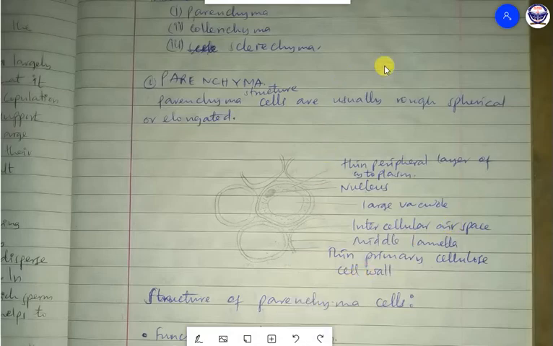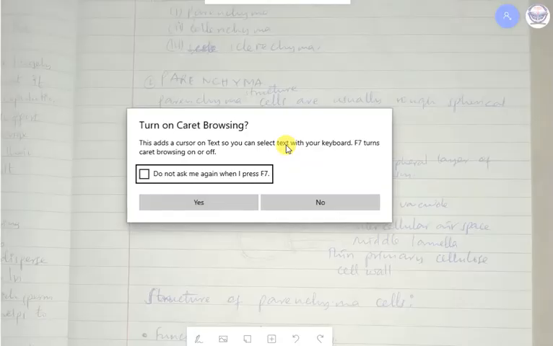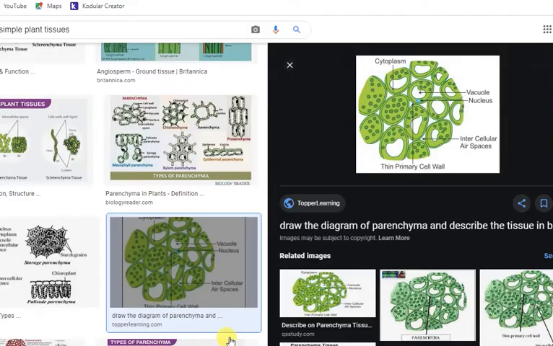Let us move to Google and see how the parenchyma cell looks. Now I hope you can see this diagram from Google, the structure of a parenchyma cell, and you can observe here the intercellular air space, the primary cell wall, then the vacuole and cytoplasm.